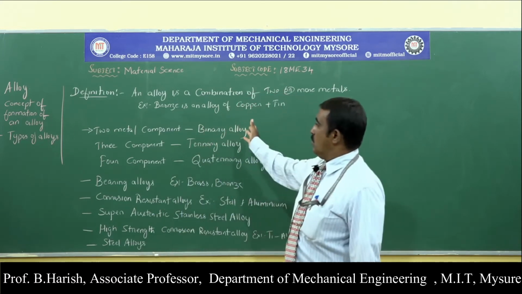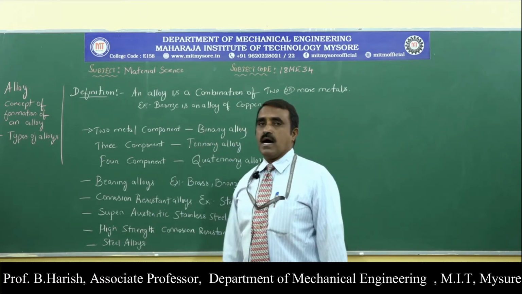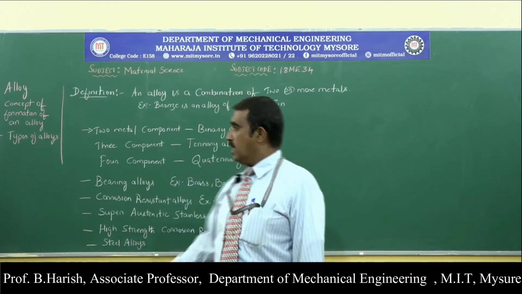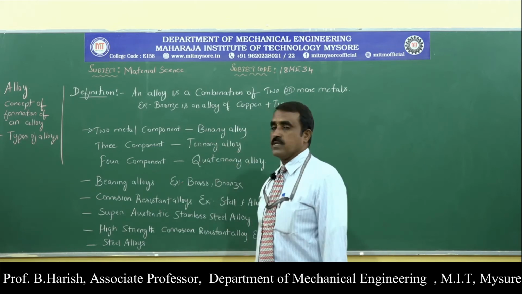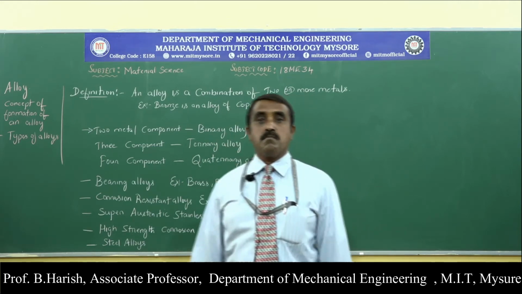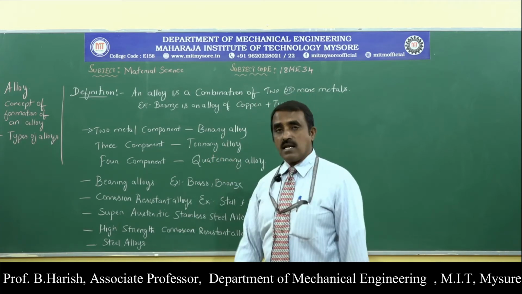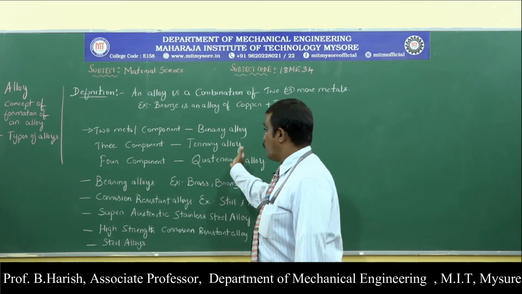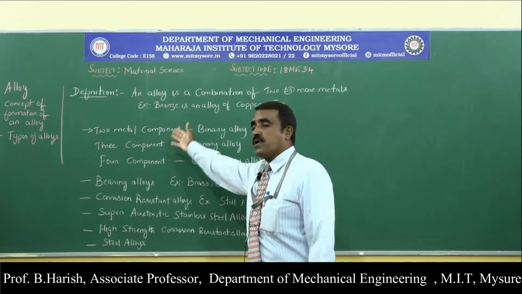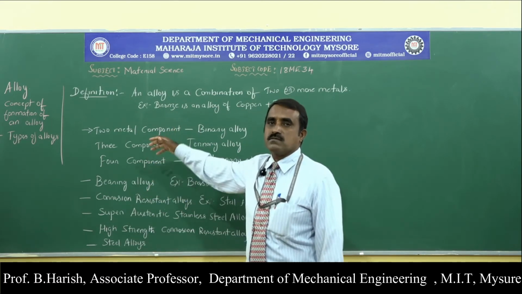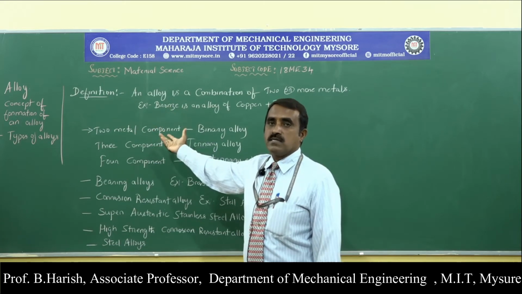Now, this alloy can be, as I told, a two metal alloy, so then it is called a binary alloy. If it is a three metal alloy, it is called a ternary alloy. Similarly, if it is a four metal alloy. So the component here is nothing but metals: four components, three components or two components.